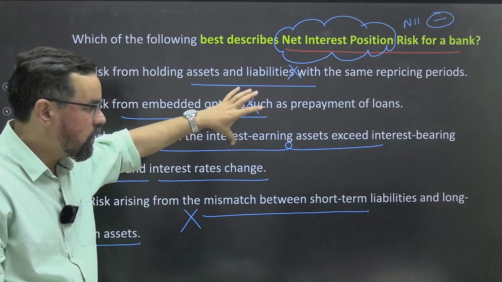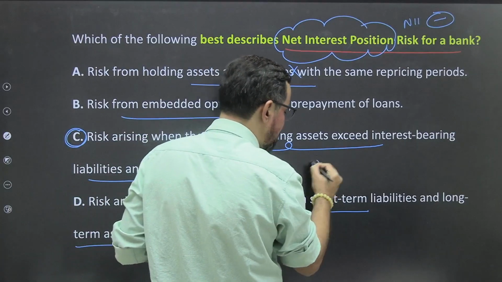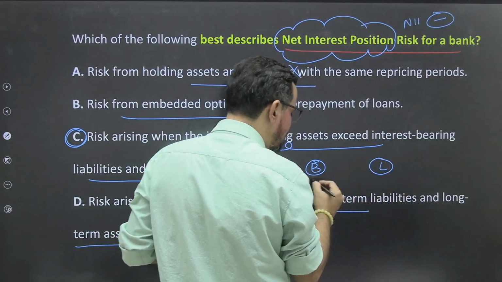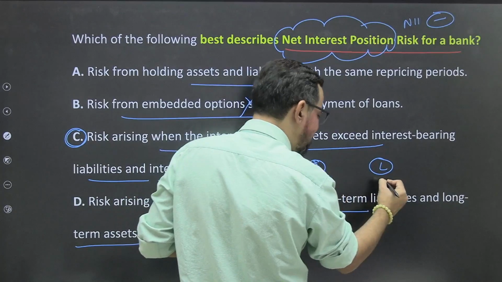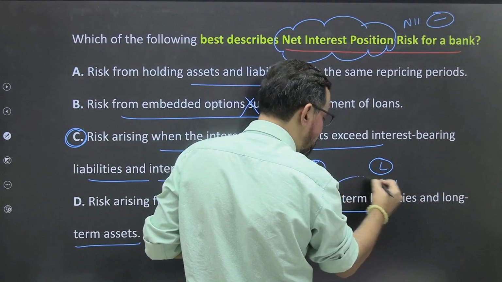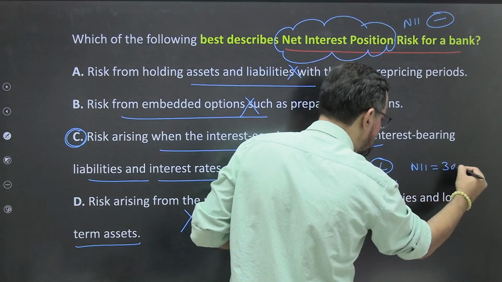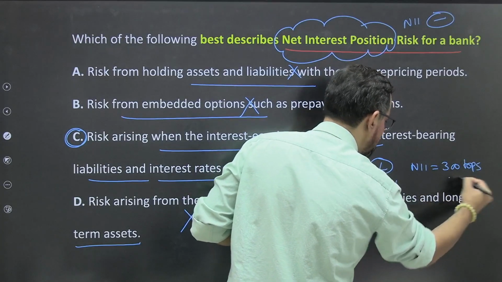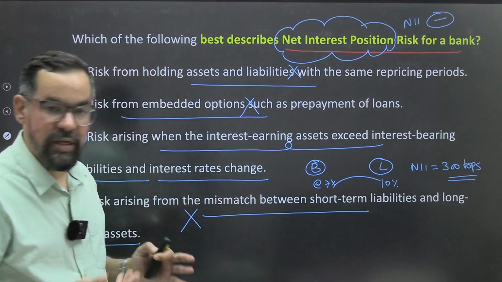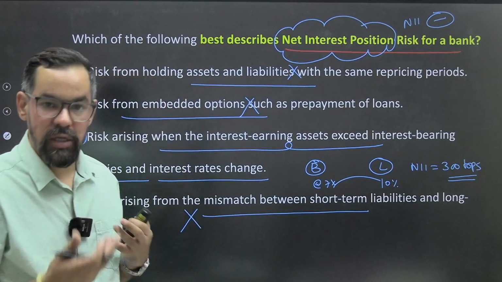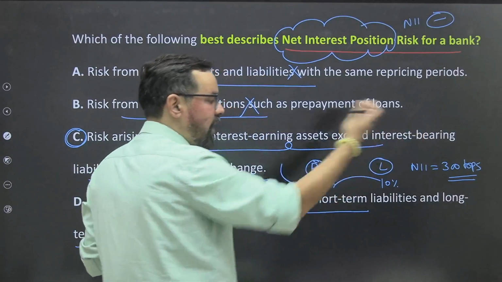Let's say we have some borrowing and lending. We borrow at the rate of 7% and lend at 10%. In that case, our NII, net interest income, is how much? 300 basis points, yes, 3%. Now if there are changes in interest rates, in general practice we accept deposits at a fixed rate and we lend at a floating rate.